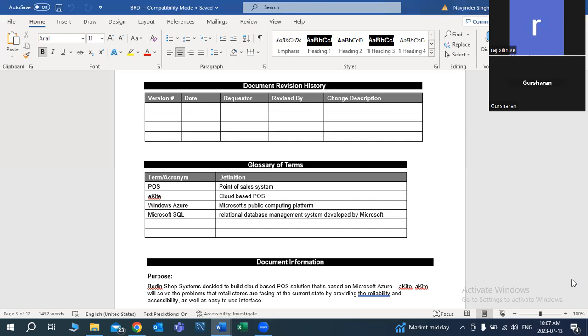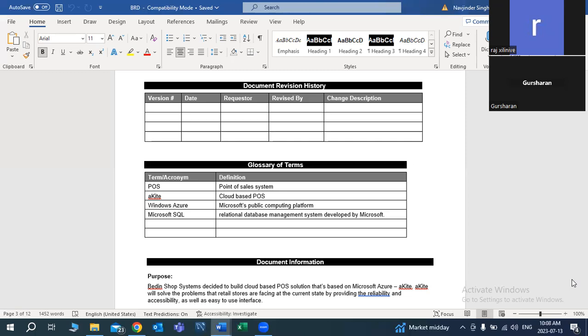In this 2.0, you might need to add some new features and functionalities to the existing ones. The basic structure of the application won't change, but you will be adding a few more things. This is where the document revision history is used.